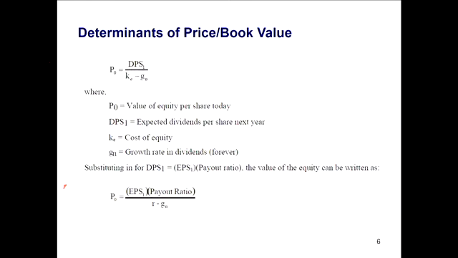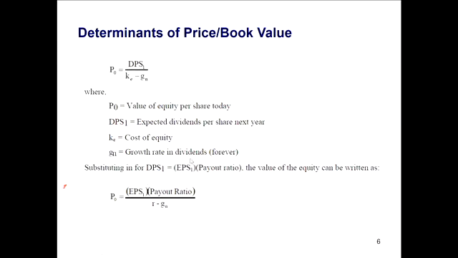We can play with this equation: multiply the payout ratio with earnings per share for dividends per share for the next period. Then we divide both sides of the equation by book value of equity, and we have the price to book value ratio in terms of return on equity, payout ratio, and cost of equity minus the constant growth rate of dividends.